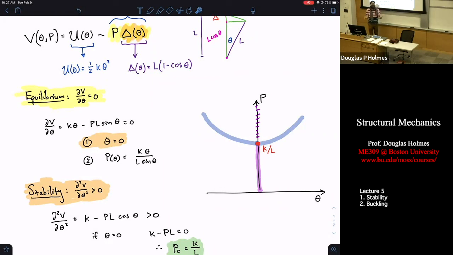This is the mathematical equivalent to what you've done 1,000 times in your career, which is saying small angle approximation. Small angle approximation is simply the first term in a Taylor series expansion around theta. So if I Taylor expand sine theta, I get sine theta is approximately equal to, nope, sorry, just kidding.